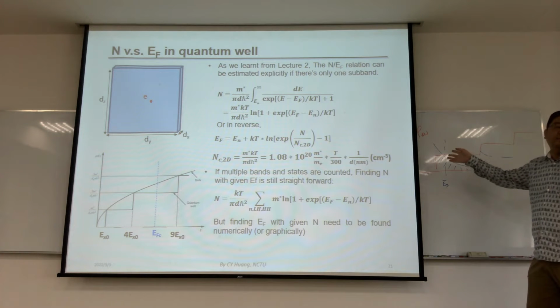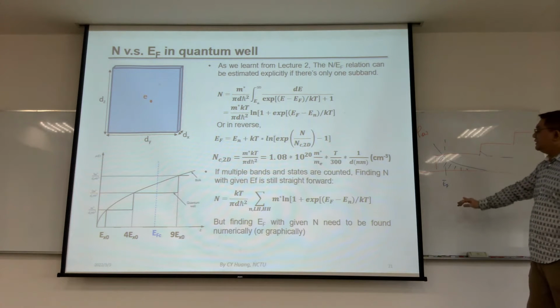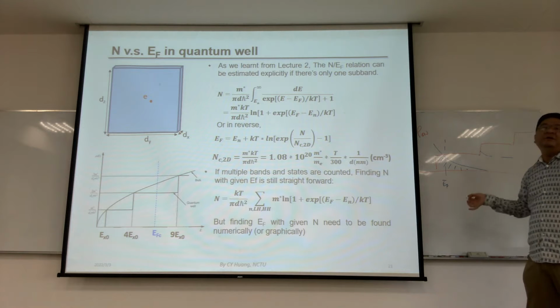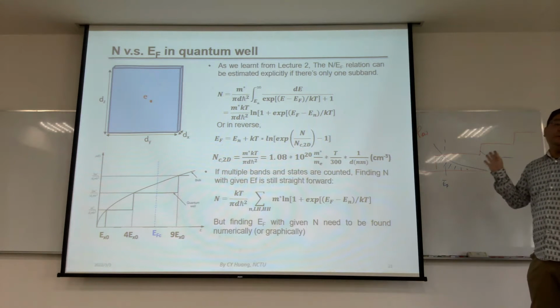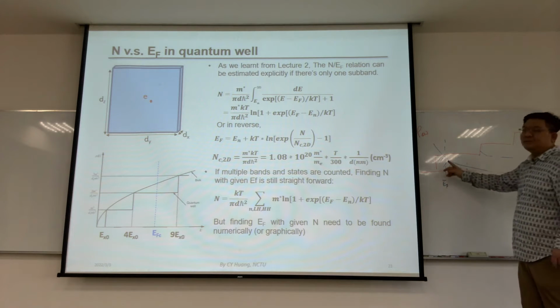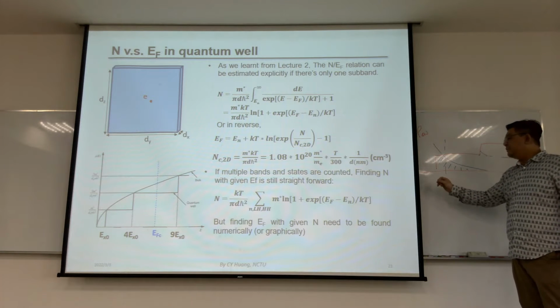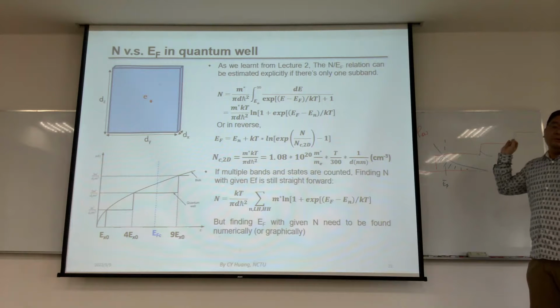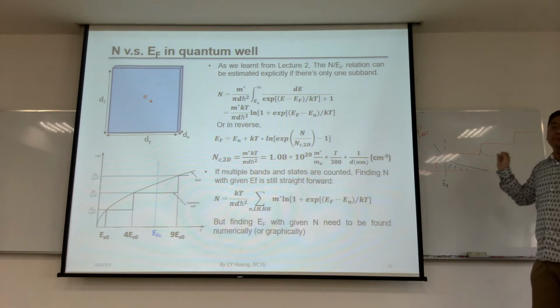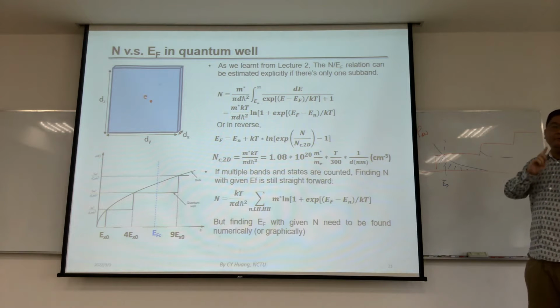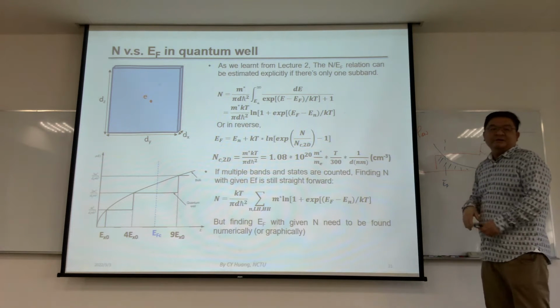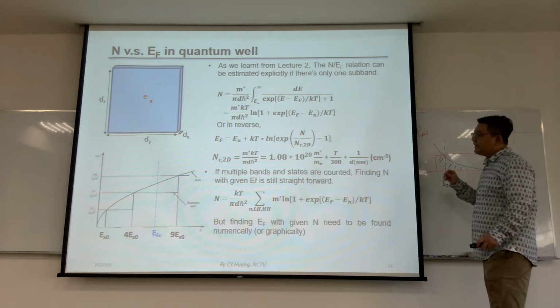So when you're trying to find the real position of EF, it will be better and better. But if you have two bands with very close band edge, for example heavy hole and light hole, probably you need to calculate both. This is also part of your homework. We only do one more for today, but the calculation needs some time.